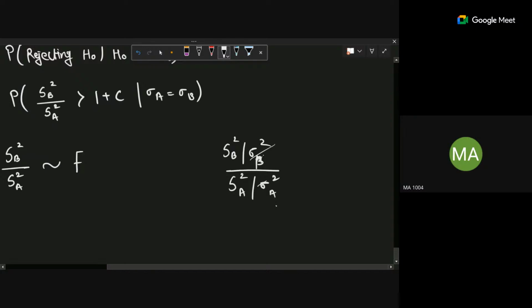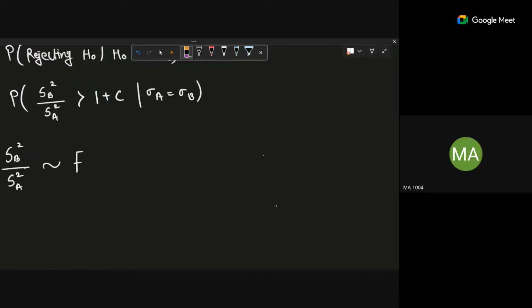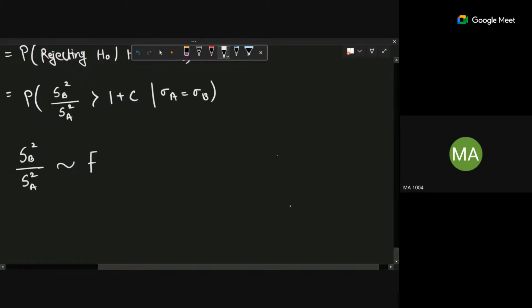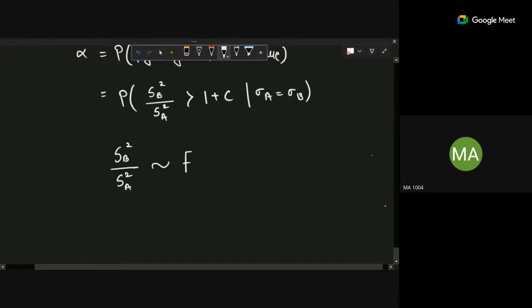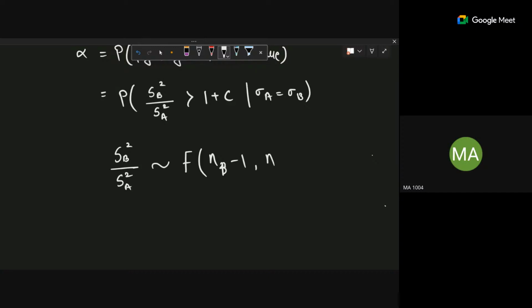This is the ratio of two chi-square distributions, which is nothing but the F distribution, with degrees of freedom NB minus 1 and NA minus 1, right?